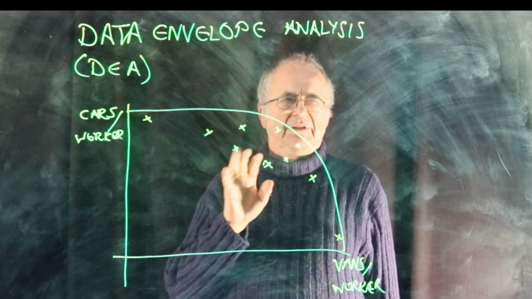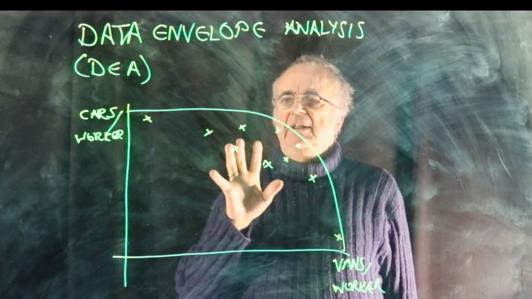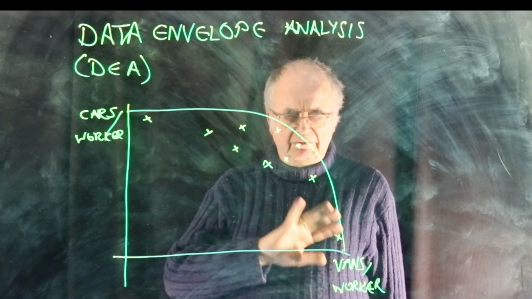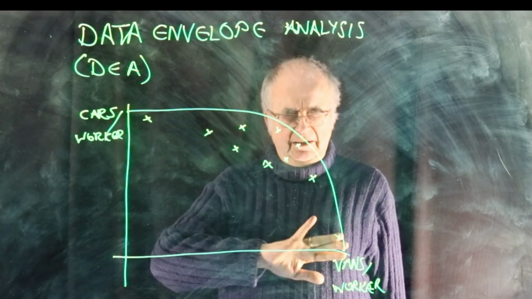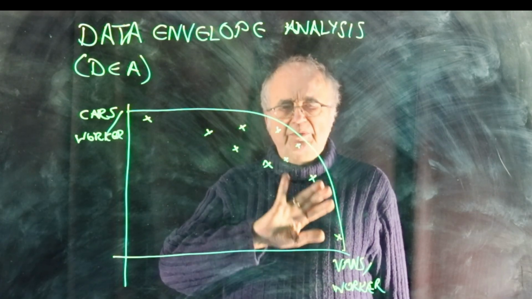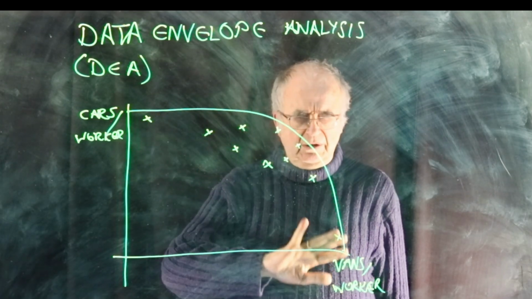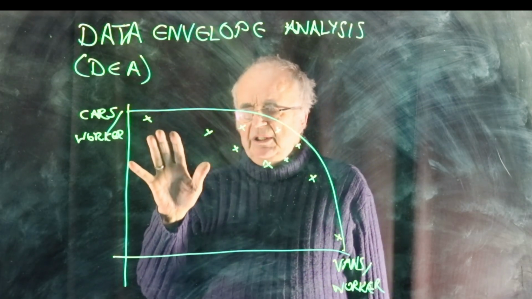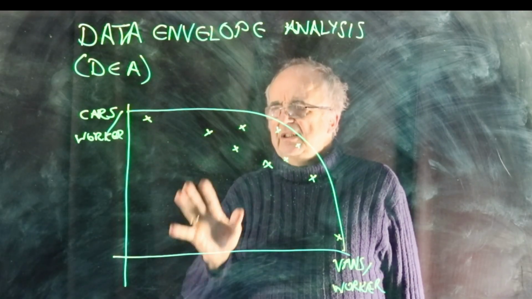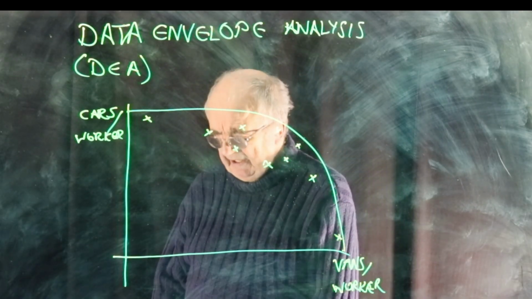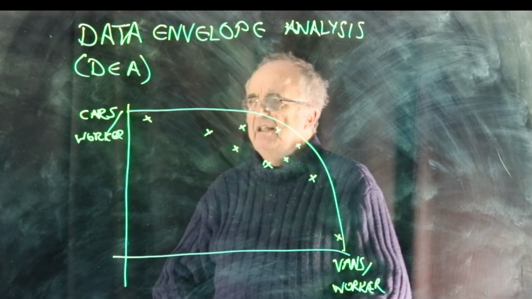The concept is basically very simple. The concept is we draw the envelope around, the envelope is fixed by the ones that are most successful, and then effectively the process looks like this.